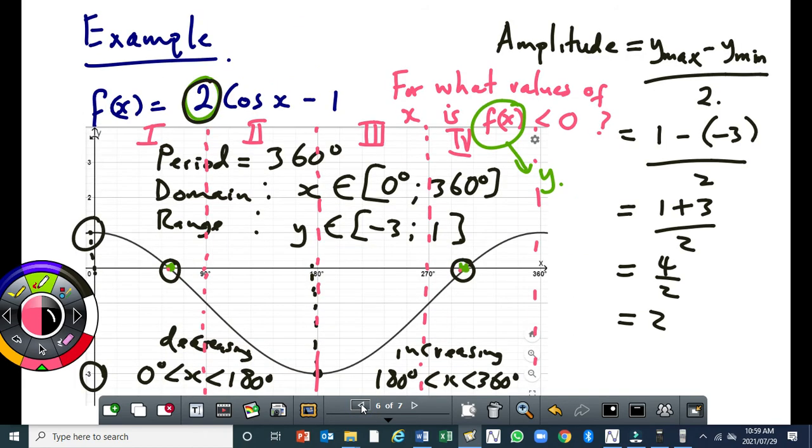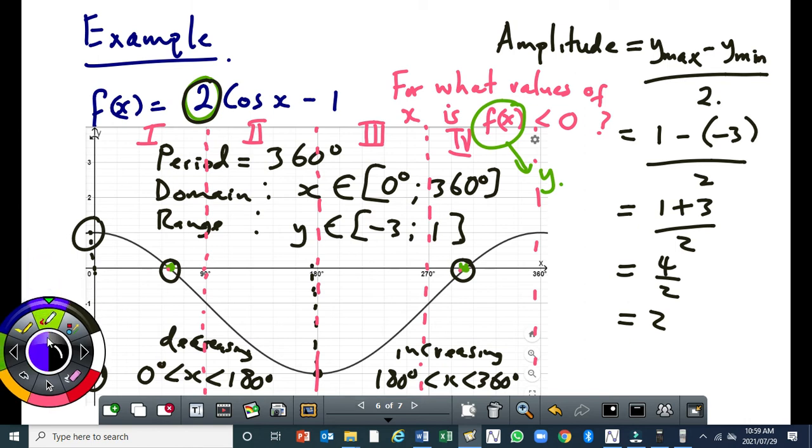So now that I found the two values of x, I can now answer the question. For what values of x is f of x less than 0? We are talking about the y values that are below the x-axis, which means my answer is going to be 60 degrees is less than x is less than 300 degrees.